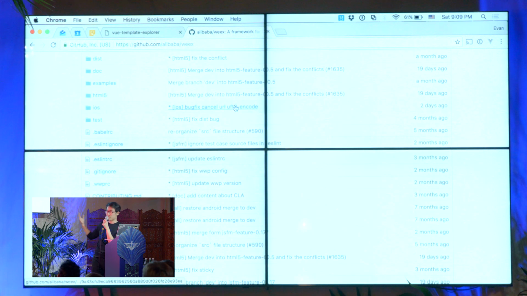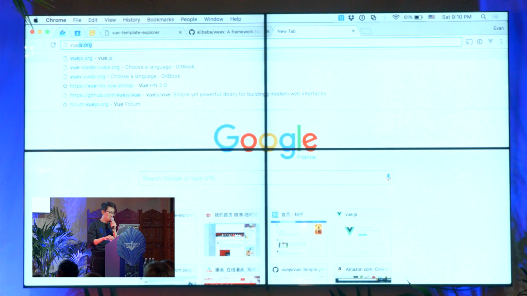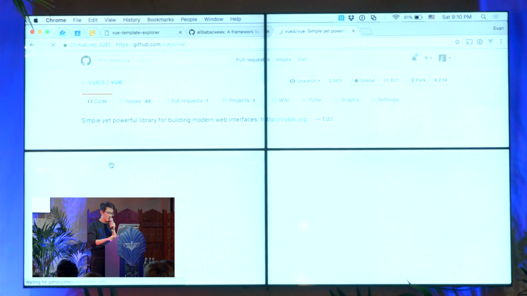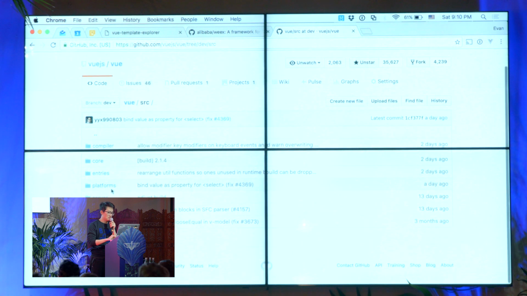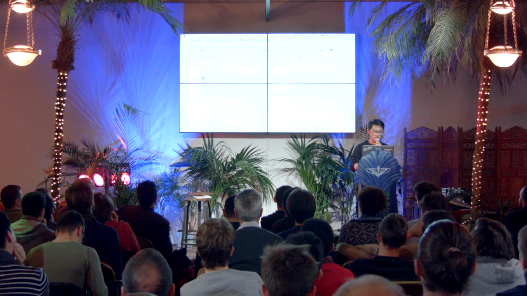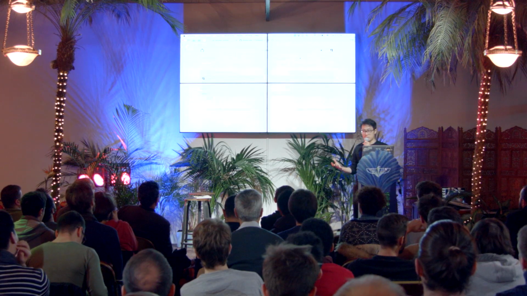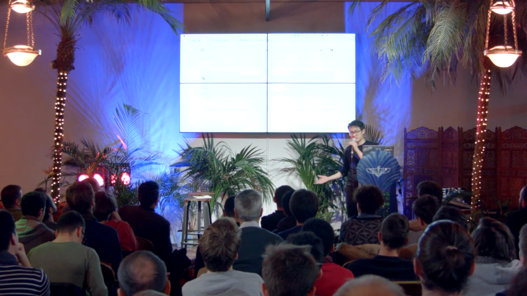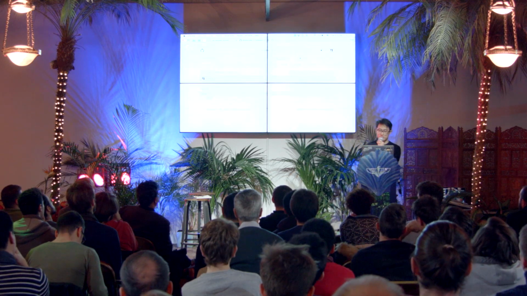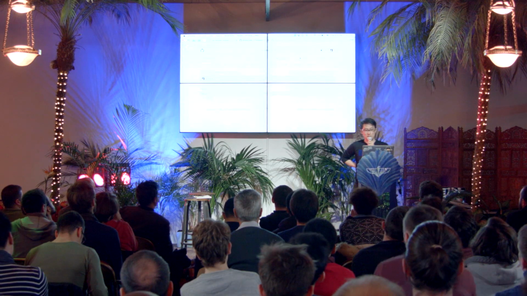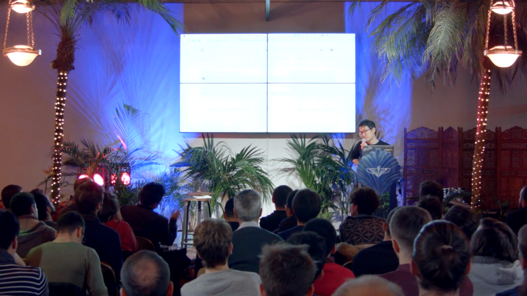I actually have a local branch that's using Vue 2.0 as the runtime for Weeks. If you look at the source code of Vue, you will see that under source platforms, there is this Weeks directory, where we build an alternative build targeting Weeks with some of its platform-specific things. Yeah, Vue Native.